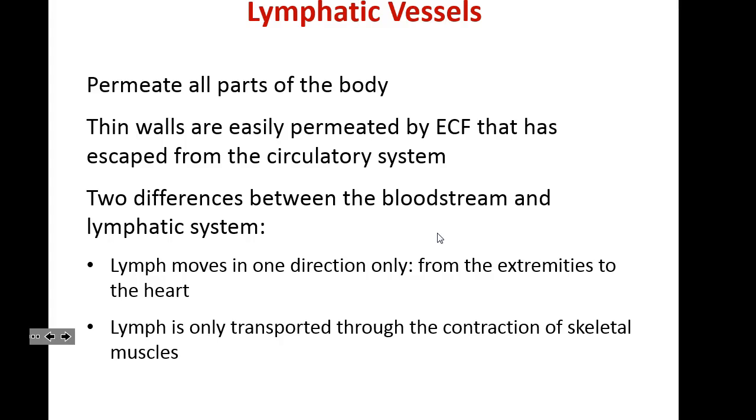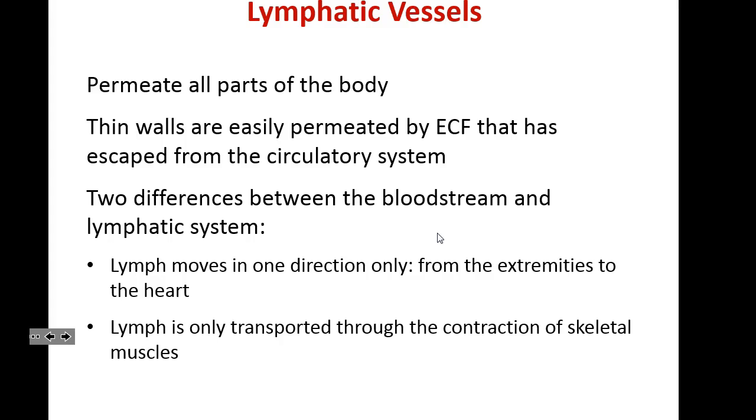There are two differences between bloodstream and lymphatic system. The lymph moves in one direction only, from the extremities to the heart. It's only transported through the contraction of skeletal muscles. So, tell me, blood moves in which direction?